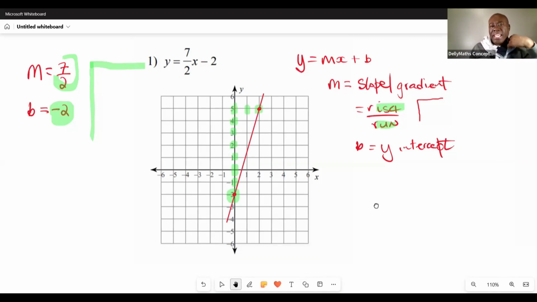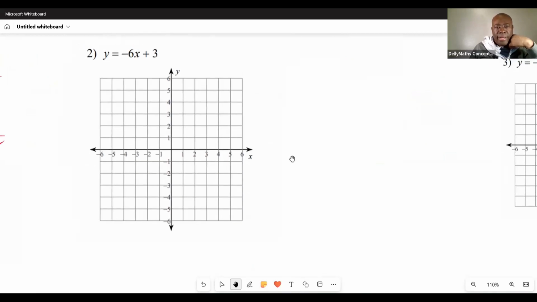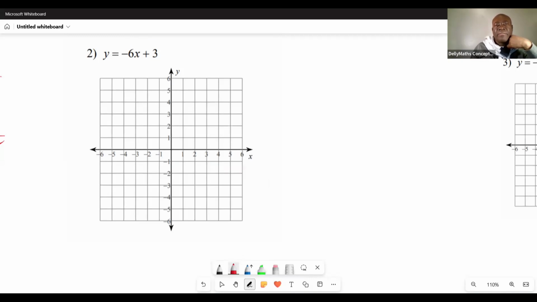Let us take a look at another question. So in this question, what we do have is y is equal to negative 6x plus 3. We're going to identify what we have. So our m value is actually negative 6. And because we want to establish the rise and the run, we're going to turn it into a fraction.